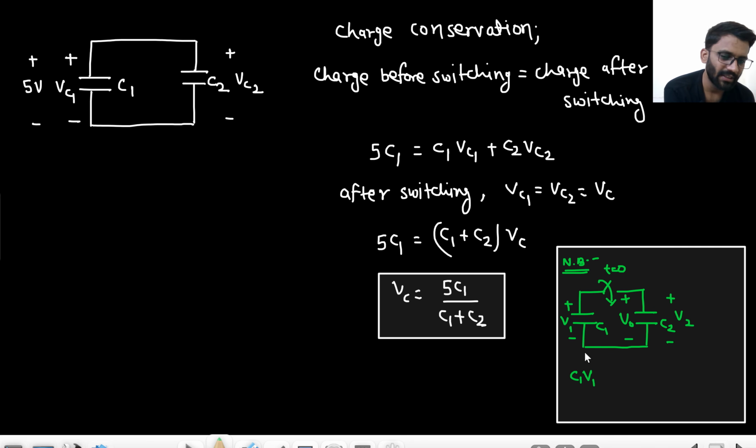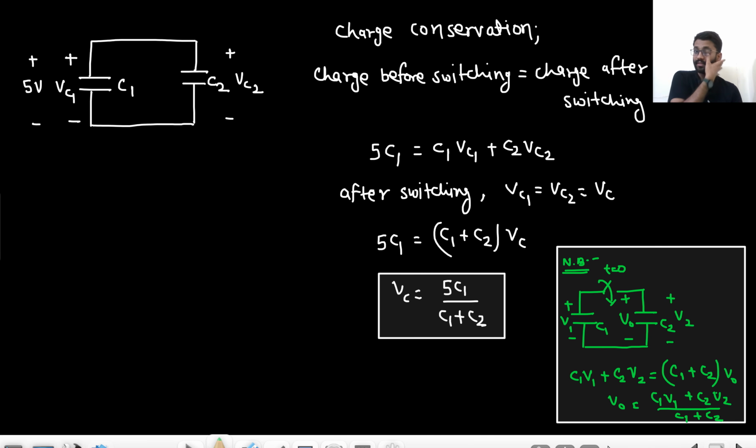The initial charge at this is C1 V1. What is the initial charge at this? C2 V2. What will be the final charge? C1 C2 both will come in parallel and both of them will have a common voltage, that is V0. So your V0 would be C1 V1 plus C2 V2 upon C1 plus C2. Are you getting this point?